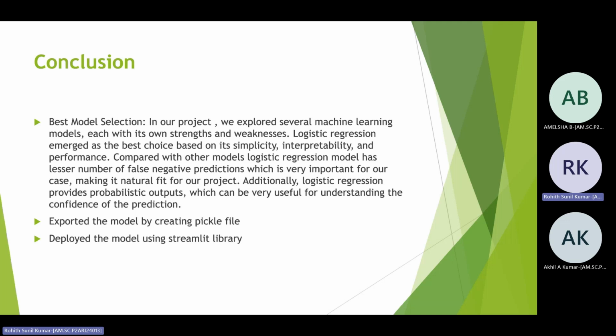Additionally, logistic regression provides probabilistic output, which can be very useful for understanding the confidence of the prediction. So we exported the trained logistic model using a pickle file and deployed the model using the Streamlit library. Okay, and now I will show you the code.